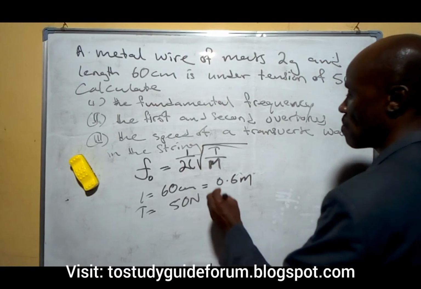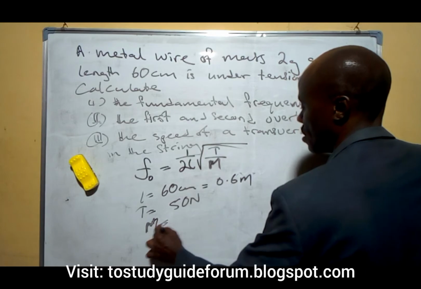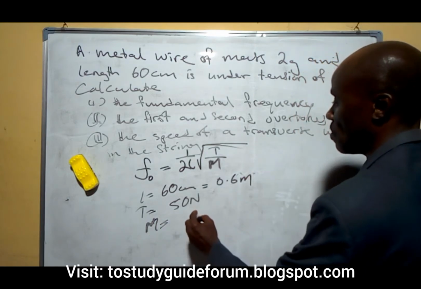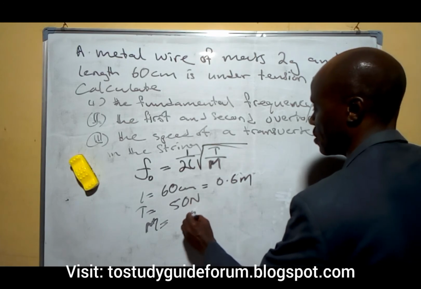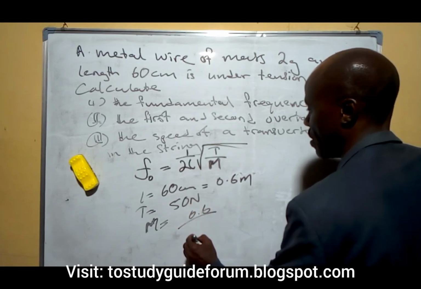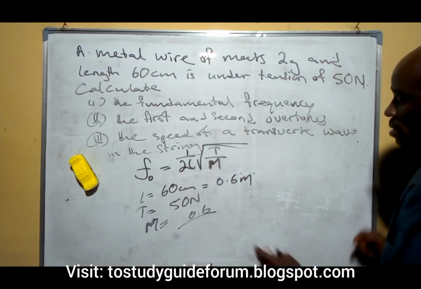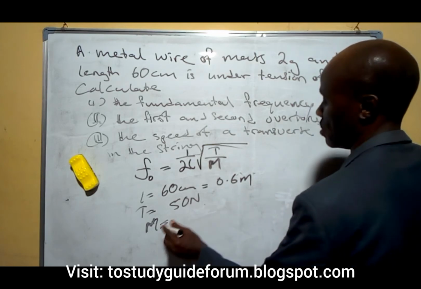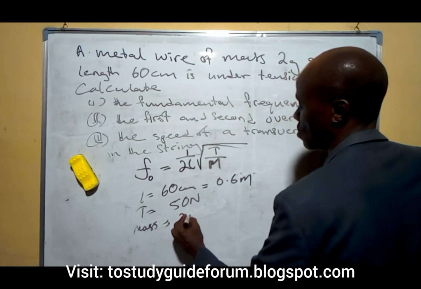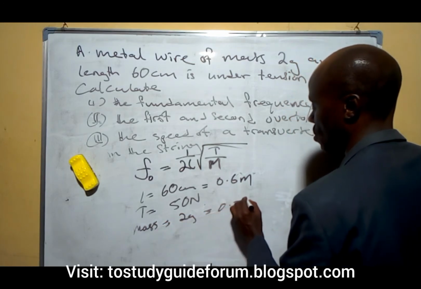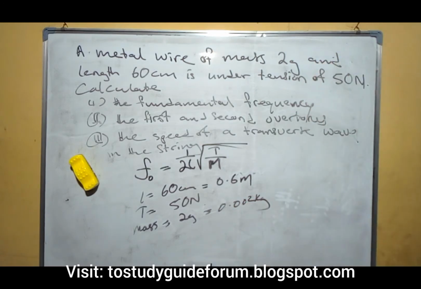Also, for this one, we have the m. Our m here is equal to the mass divided by the length. Which one is the mass there? The mass is 2 grams, which is the same thing as 0.002 kg.